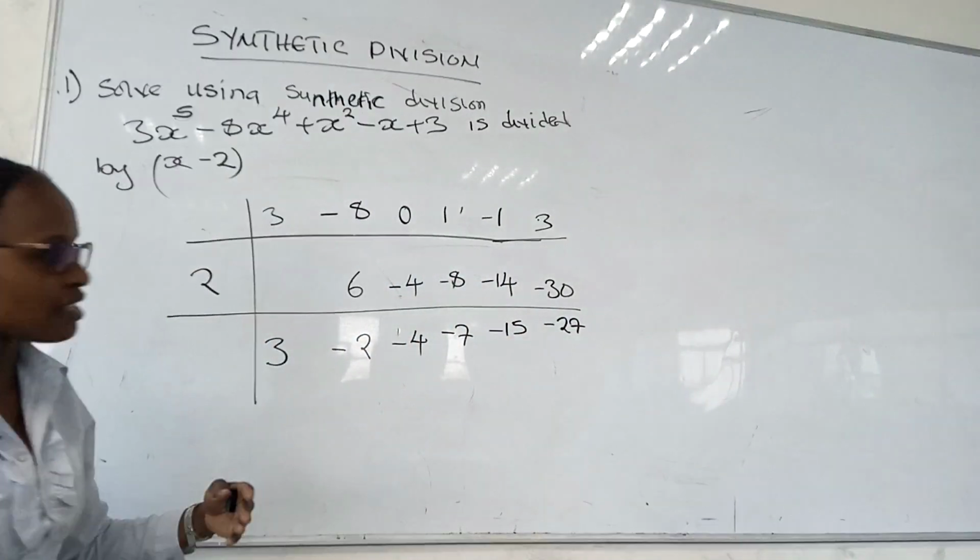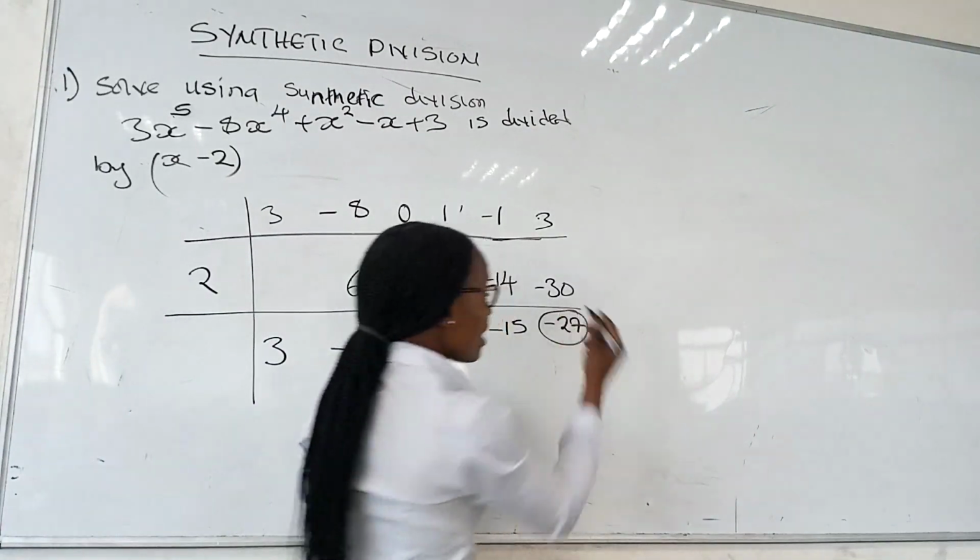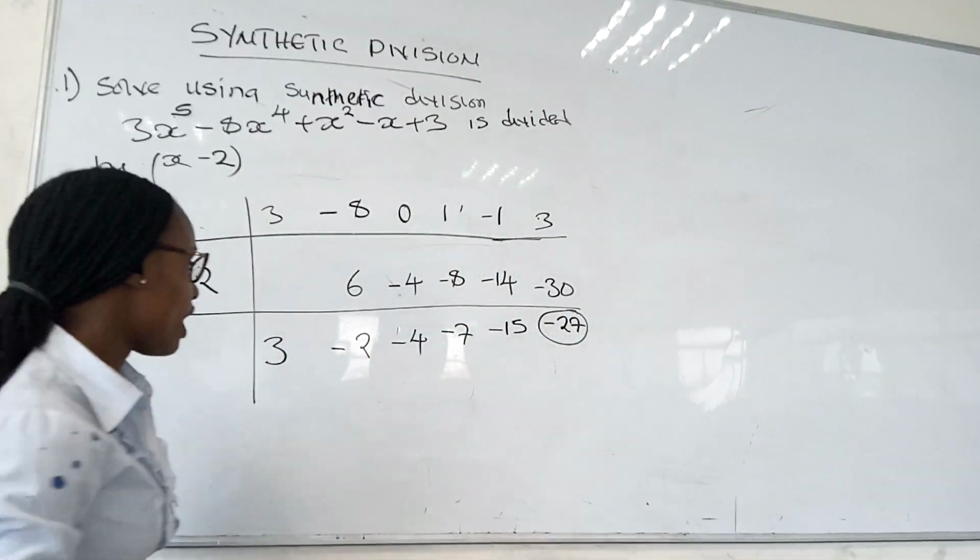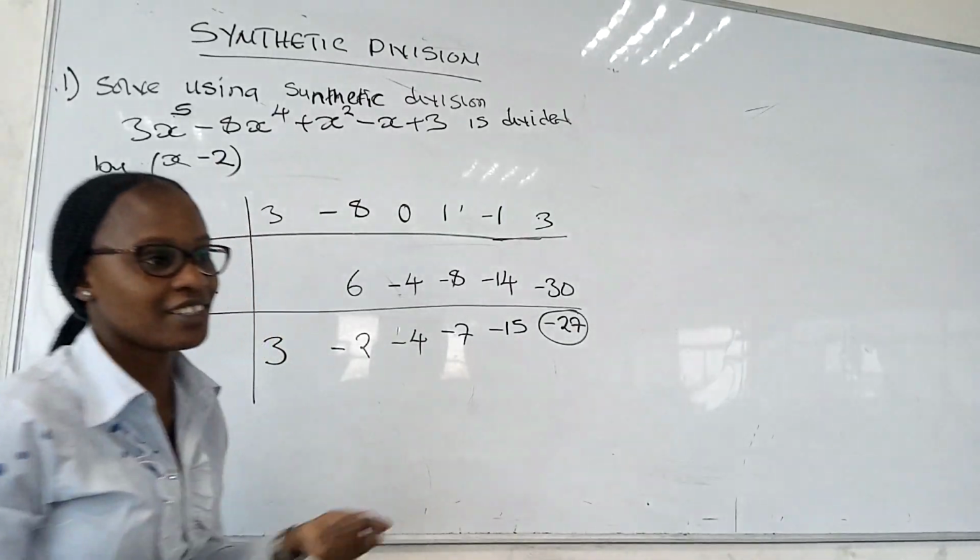So when you look at this, what we have here is the remainder, and what we have here is just the quotient.